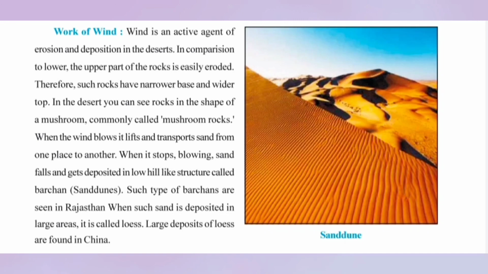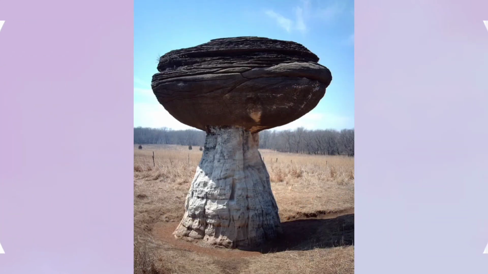It's a very interesting phenomenon seen in the desert area in Rajasthan. Here you have a big structure which seems like a mushroom, but it is not really a mushroom; it is made up of rock. So mushroom rock is again an erosional feature that is due to wind action.